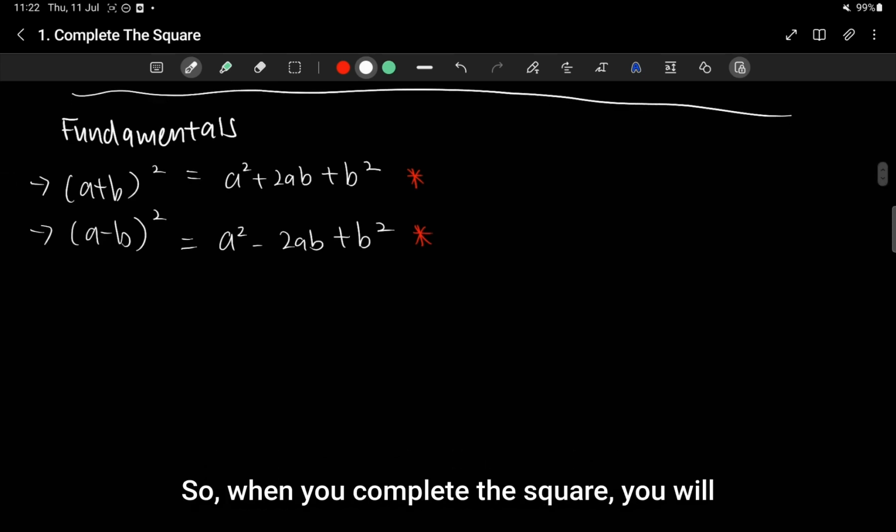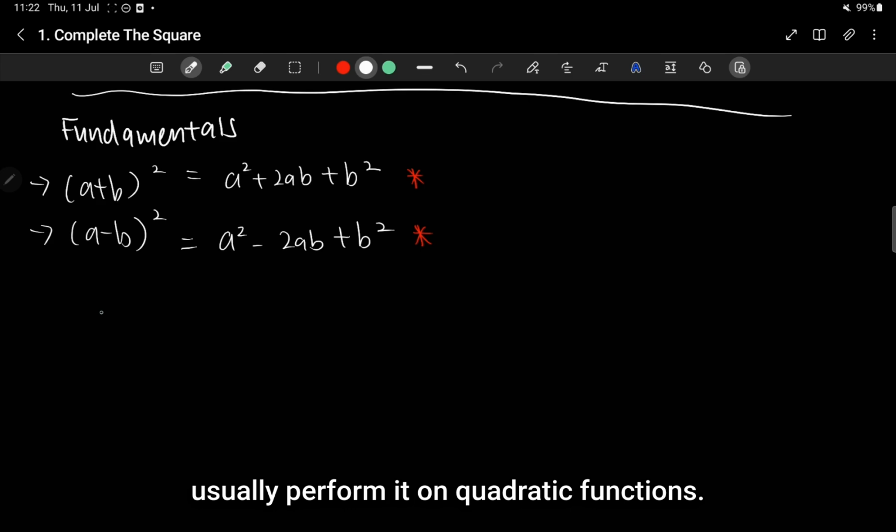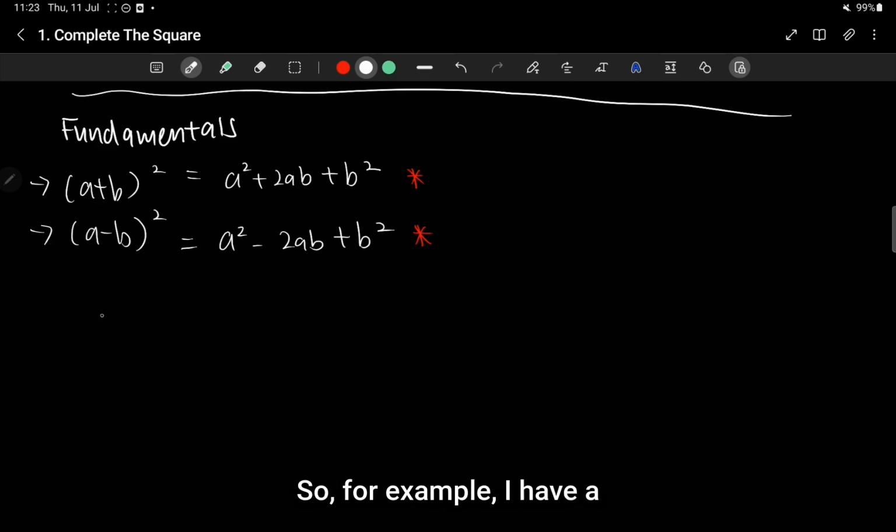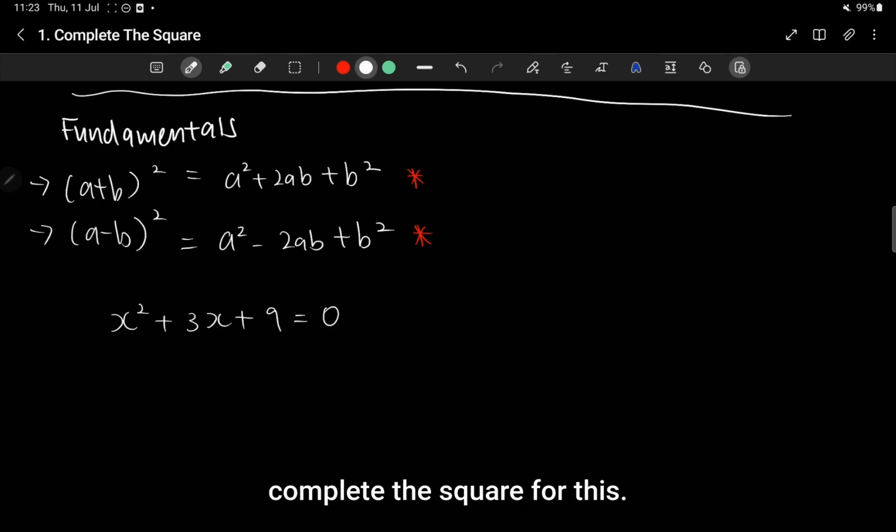Okay, so when you complete the square, you will usually perform it on quadratic functions. So for example, I have a quadratic function over here. Let's say I have x squared plus 3x plus 9 equals 0, and you are asked to complete the square for this.